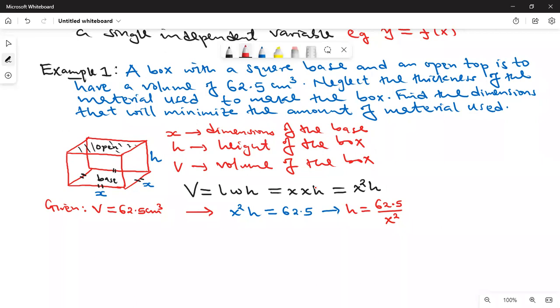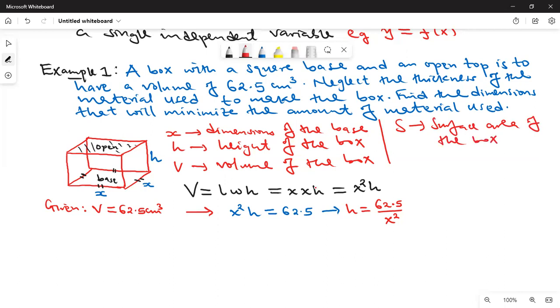So when you are buying, you need to minimize the cost. And so we need to minimize the amount of material that we buy. So let's find the surface area. So again, we are going to say let S denote the surface area of the box.